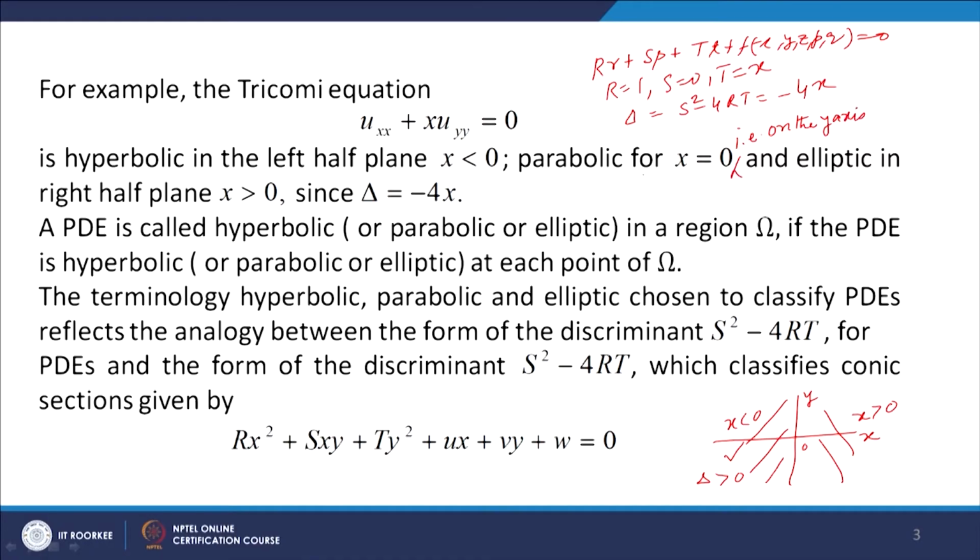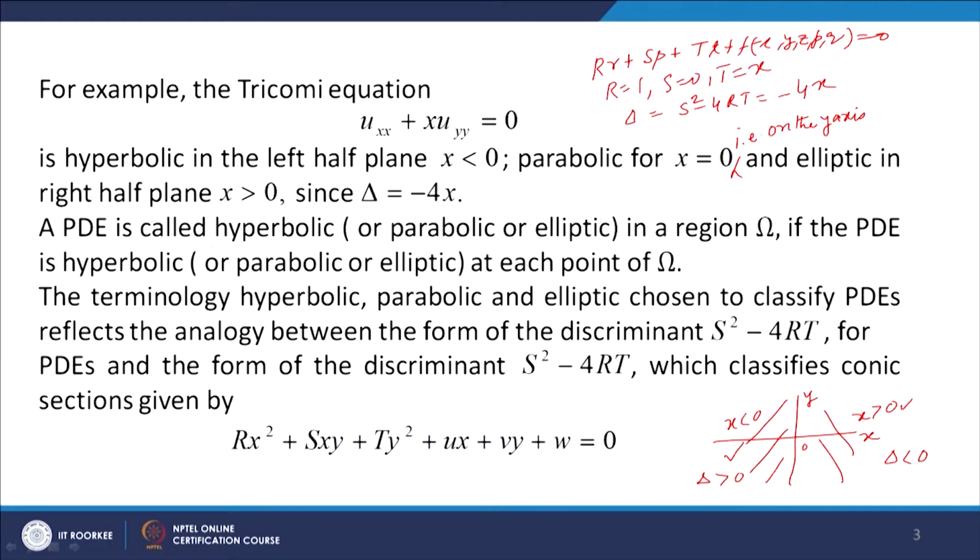So, here this Tricomi equation is parabolic on the y axis, hyperbolic in the left half plane, and elliptic in the right half plane, because in the right half plane x is greater than 0, and when x is greater than 0 delta is less than 0. So, at different points in the xy plane, the nature of the partial differential equation is different.